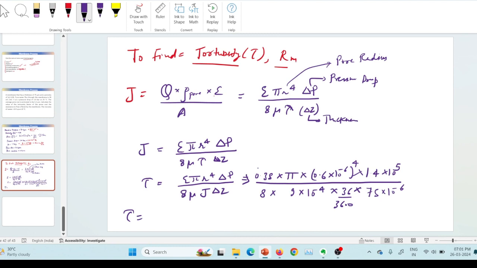Let's cross check it again. It should be square.